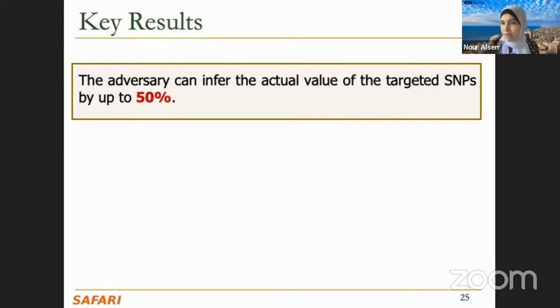Let's decrease that epsilon. So we did some experiments, and using the empirical results we have, we could find a mitigation mechanism to mitigate these inference attacks, as a countermeasure for these inference attacks.